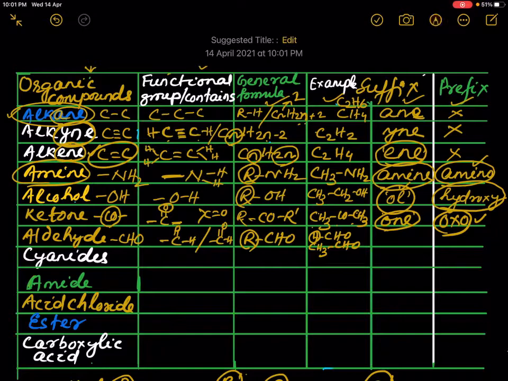Suffix for CHO is al and prefix is formyl or oxo. For CHO, the prefix is formyl or oxo, but the position for formyl is different and the position of oxo is also different. Let us take an example.